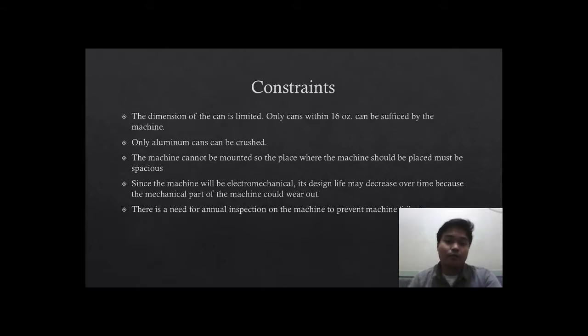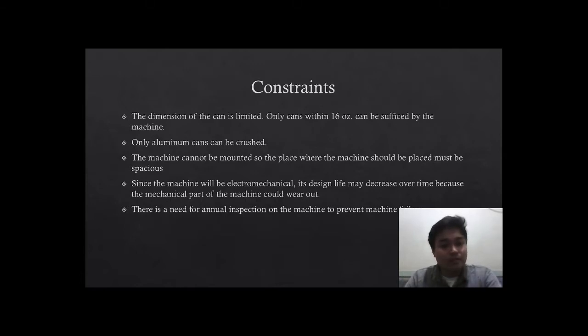And for our constraints, the dimension of the can is limited. Only cans within 16 ounces can be accommodated by the machine. And only cans can be crushed. The machine cannot be mounted, so the place where the machine should be placed must be spacious.